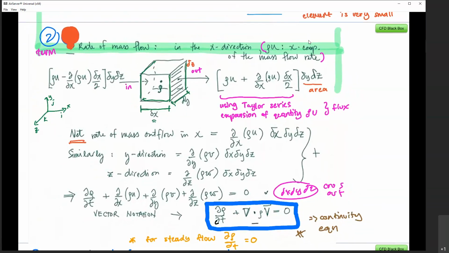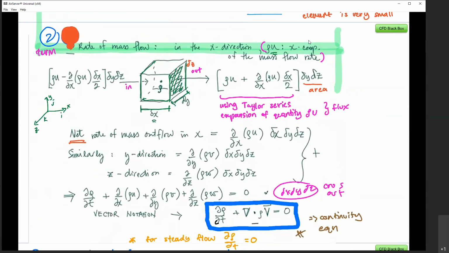From here, if we look at the surface on the right side and at the component of the mass flow rate, it is given as rho u.